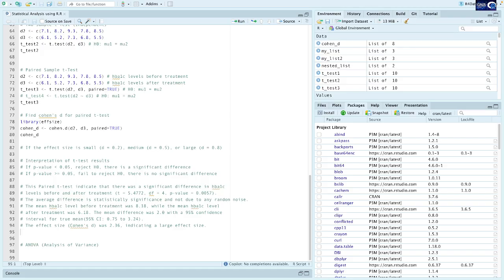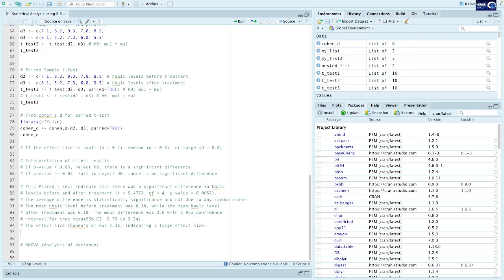First we will look at the chi-square test for independence. H naught will be that the two categorical variables are independent, and H1 will be that the two categorical variables are not independent. We will create a contingency table for that.